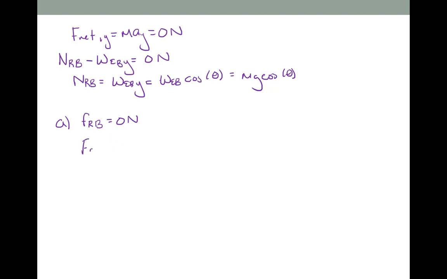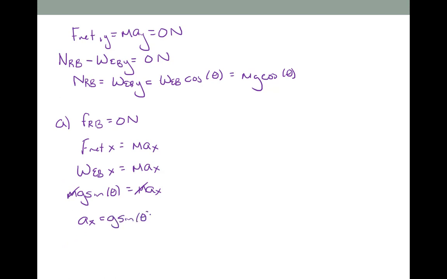So when I write Newton's second law, F net x equals m a_x, the only piece here I have is W_Bx, which equals m a_x. Or in other words, mg sine theta equals m a_x. The masses cancel, and the acceleration when I have no friction equals g sine theta.